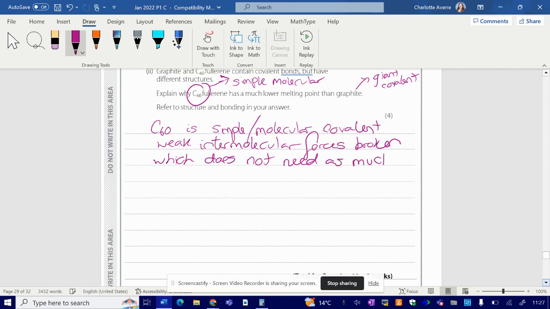It's a comparative paragraph, we're comparing, so I'm saying it does not need as much energy. Okay, graphite is giant covalent.